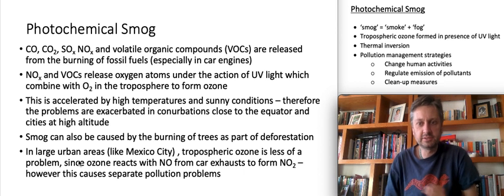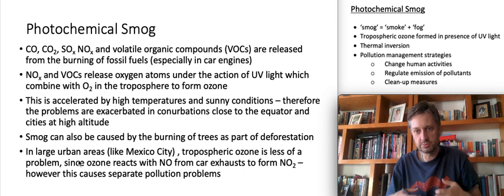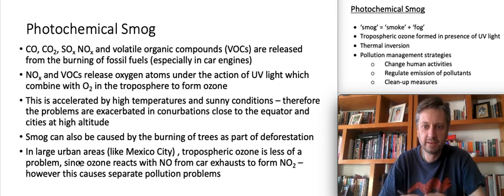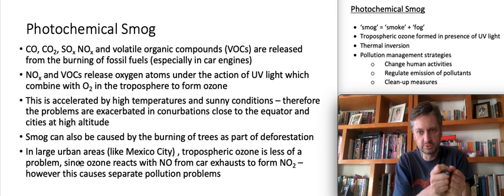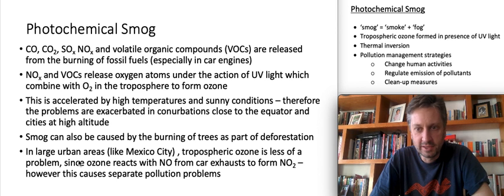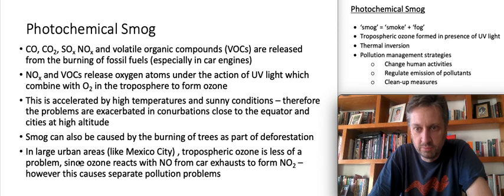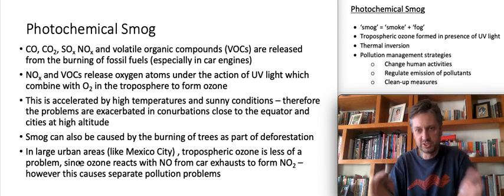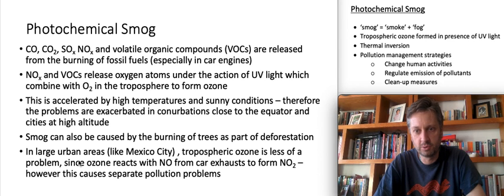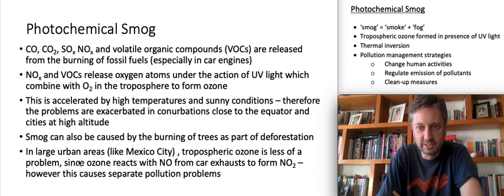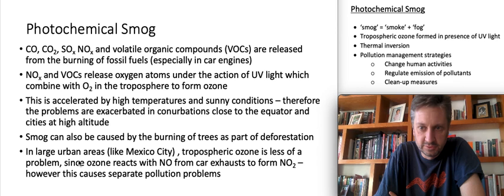It adds to the smoke content. But it's worth noting that in places like Mexico City, where you've got this high use of car engines, as well as joining to oxygen atoms, these oxygen radicals released by UV light also join onto nitrogen oxide and form nitrogen dioxide, NO2. And that's what we generally associate with photochemical smog. I'll show you a little picture of Mexico City later in another context.